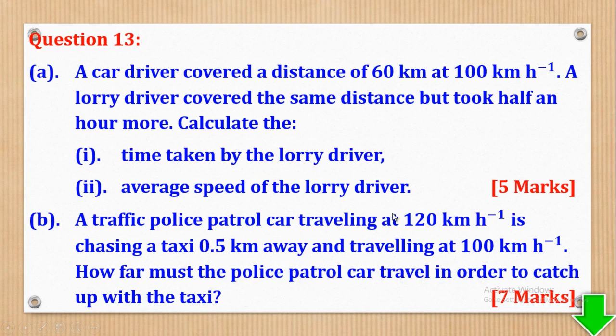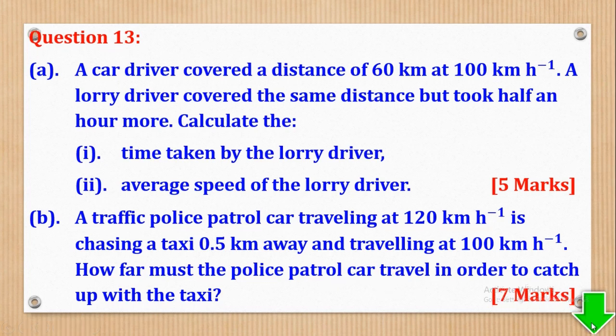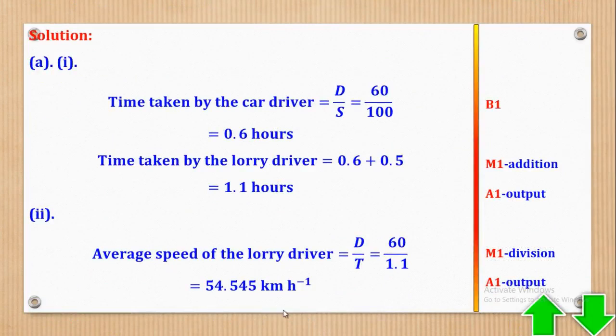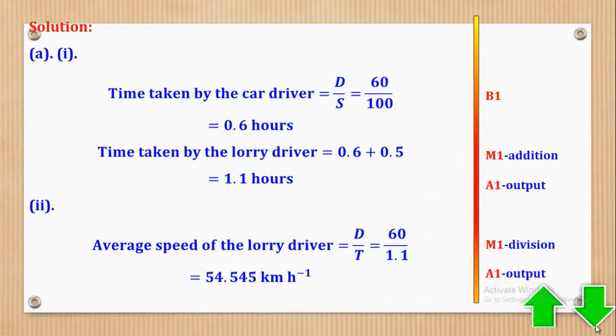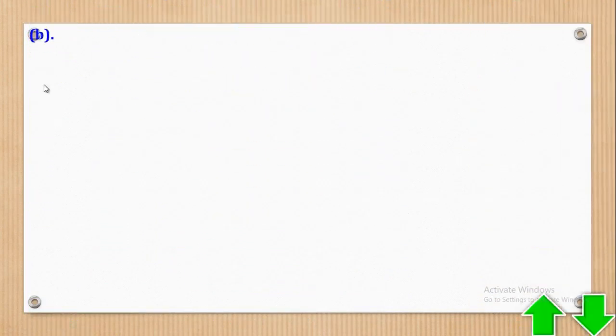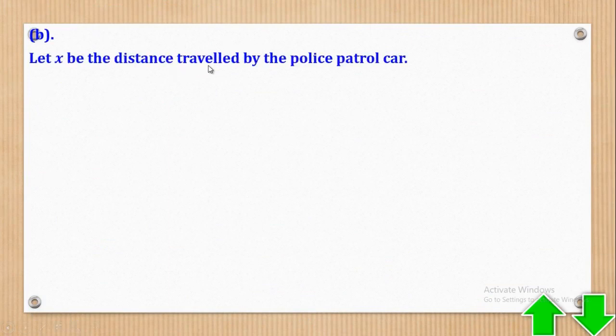So the distance between the patrol car and the taxi is 0.5 kilometers. In other words, the taxi is 0.5 kilometers ahead of the patrol car. So here we shall say that let x be the distance traveled by the police patrol car.